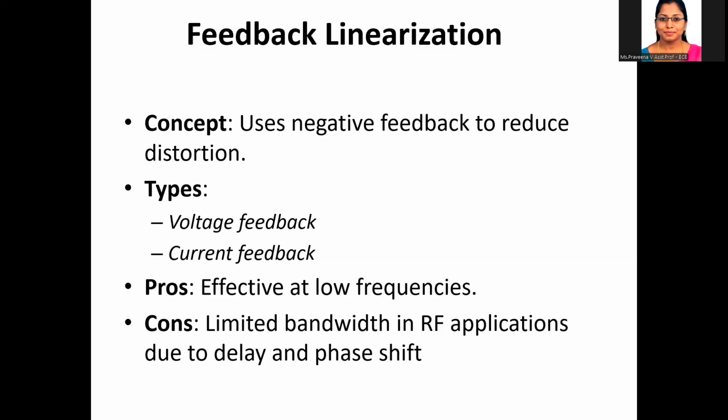Voltage feedback is where a portion of the output voltage is fed back to the input. Current feedback is where a portion of the output current is fed back to the input. Voltage feedback is commonly used in amplifier circuits. Current feedback is used in high-speed amplifier design.